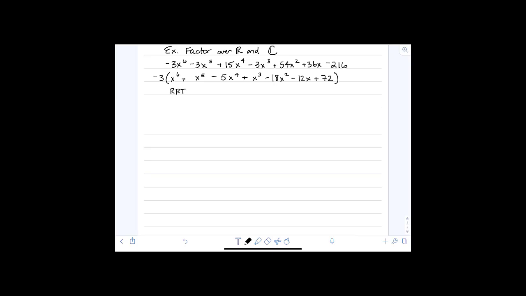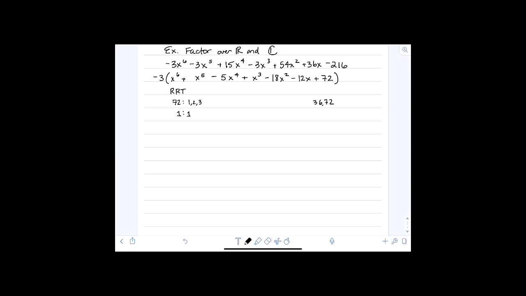And remember how we do this is we're going to build our list of possible zeros. So the factors of the last are the factors of 72, and the factors of first will just be 1. Okay, so let's do the factors of 72. They would be starting from the bottom, 1 and 72. And then next would be 2 and 36. Trying to leave space because once I meet up in the middle, I'll be done listing factors.